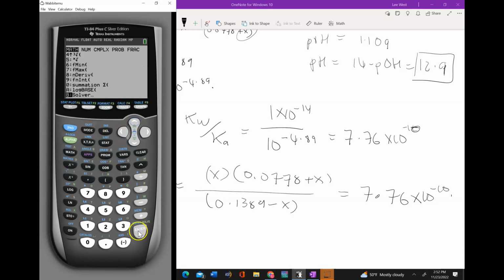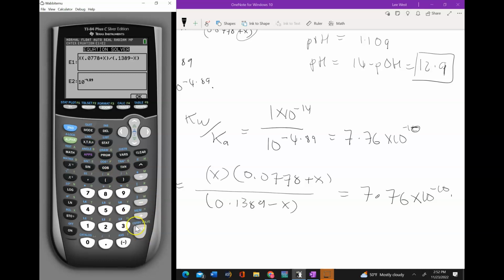Math, up 1, enter. Let's clear that off. X times 0.0778 plus X divided by 0.1389. Almost made a deadly mistake there. There we go. Just averted disaster.